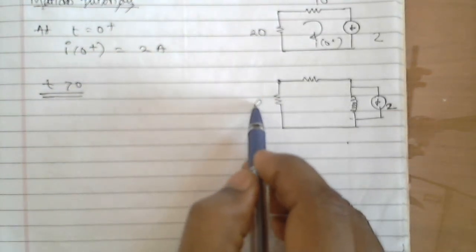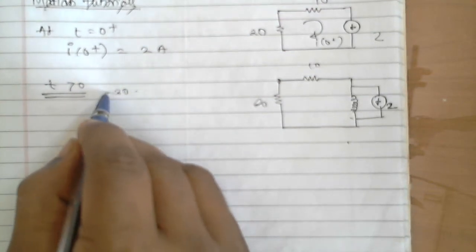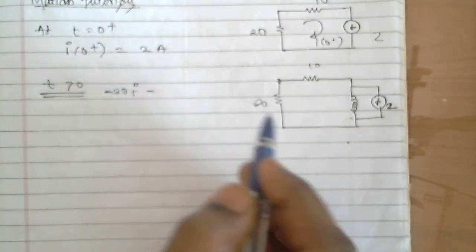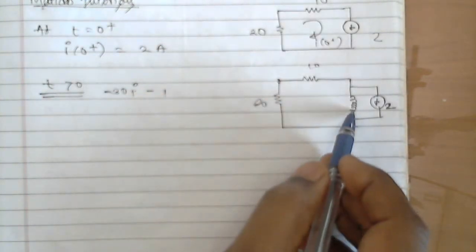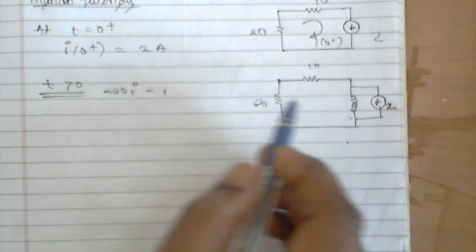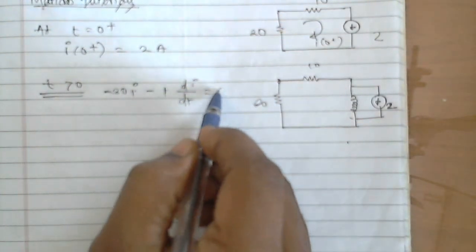What will be the equation? This is 20, this is 10. So I can say 30 minus 30i minus 1 here, the voltage L di/dt, 1 di/dt, equal to 0.